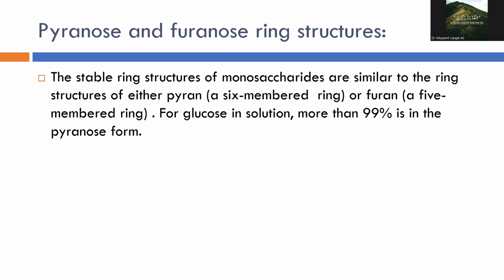In human metabolism, glucose is transported and phosphorylated almost exclusively as the pyranose form, while ribose in nucleotides predominantly adopts the furanose form. Understanding this helps us appreciate why certain sugars are preferred in different biological contexts.